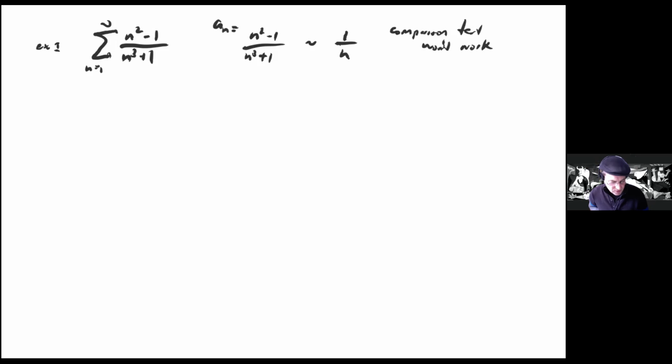The comparison test is not going to work because (n squared minus 1) over (n cubed plus 1) is not less than or equal to 1 over n. It's the other way around. And 1 over n is divergent, so it's not going to help. So maybe the limit comparison test will work.